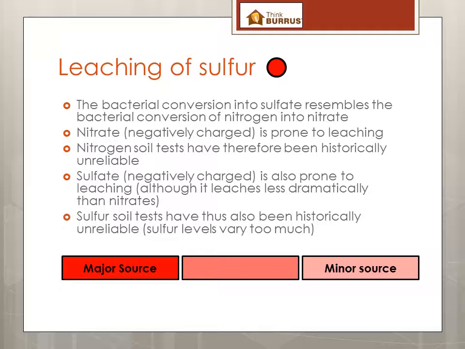And we see the same thing here with sulfate. We know bacteria rapidly convert it over to a negatively charged particle that's easily leached from the soil and tends to be even more readily leached if it's sandy and low organic matter levels that we're talking about. And we talk once again about those soil tests, partially because of that conversion to sulfate, not being reliable from a historic standpoint.